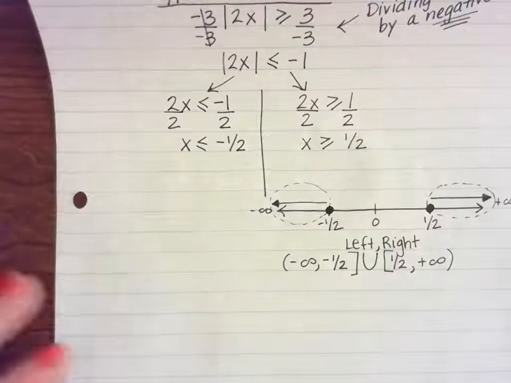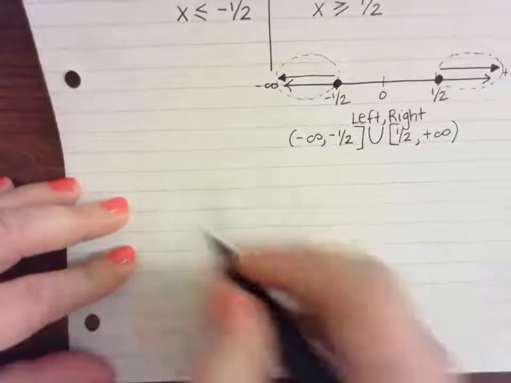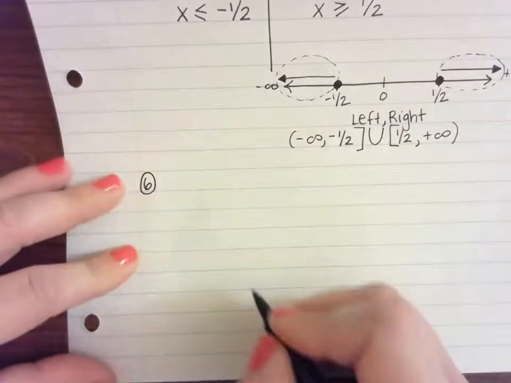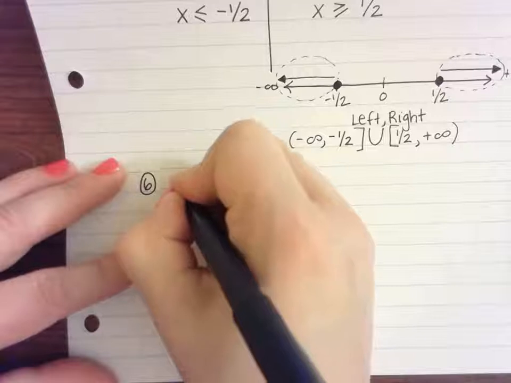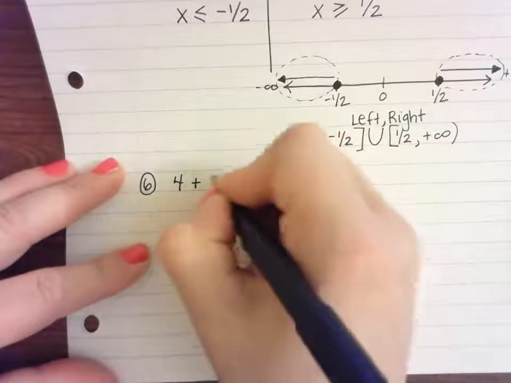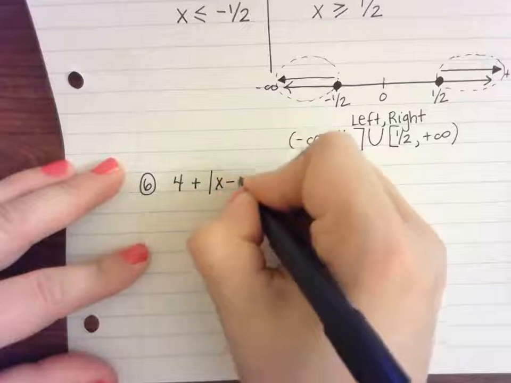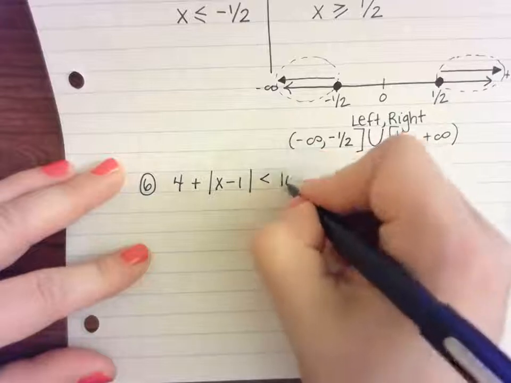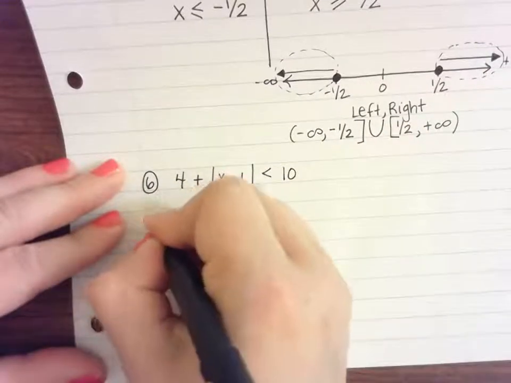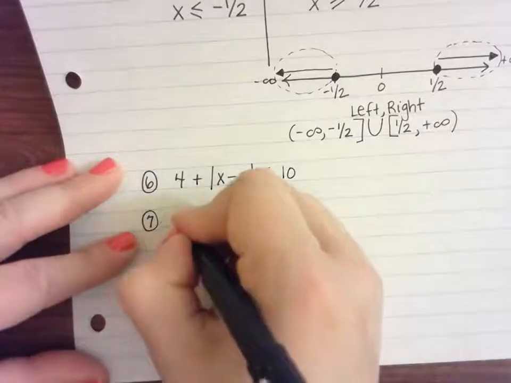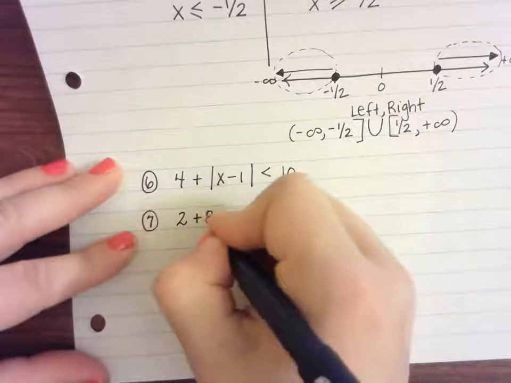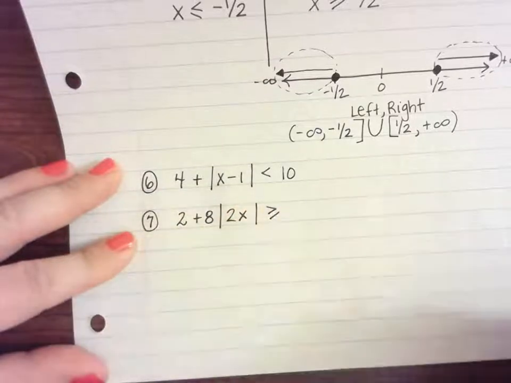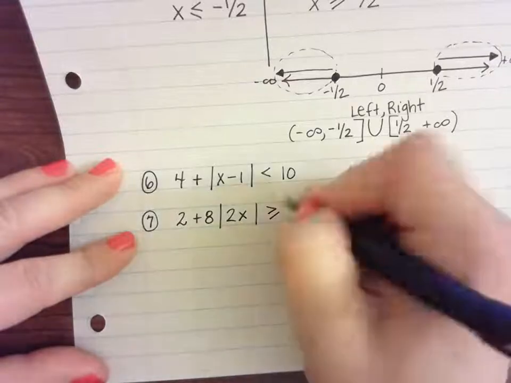Okay? So I would like you to try 3 of these practice problems on your notebook paper. So this would be number 6 on your notebook paper. Let's try this one. 4 plus the absolute value of x minus 1, and that is less than 10. Number 7, let's try 2 plus 8 times the absolute value of 2x, and that's greater than or equal to 12.